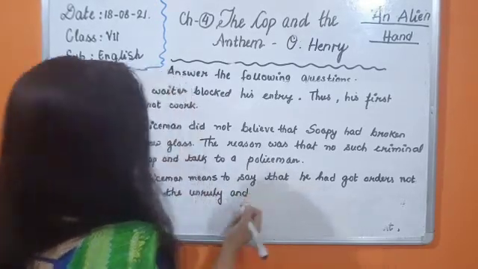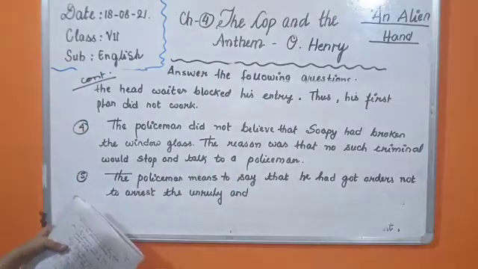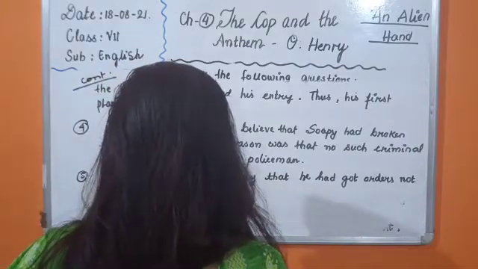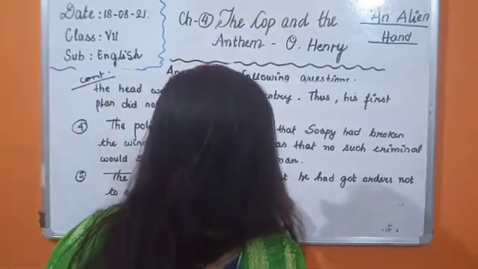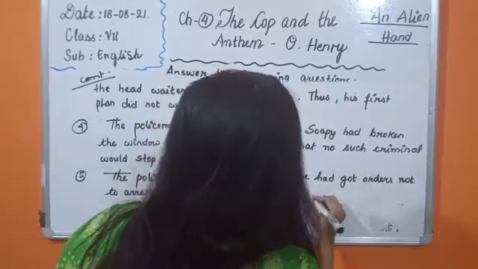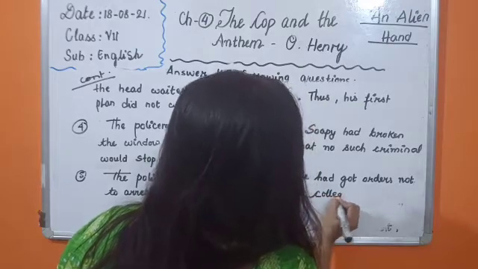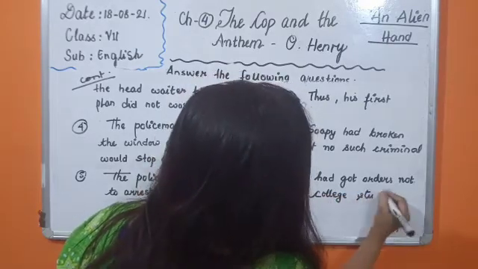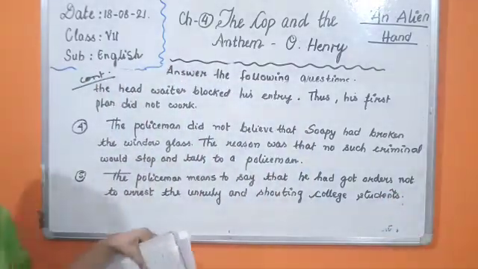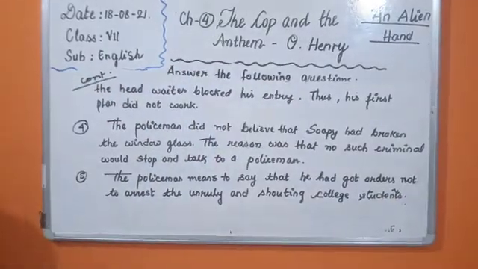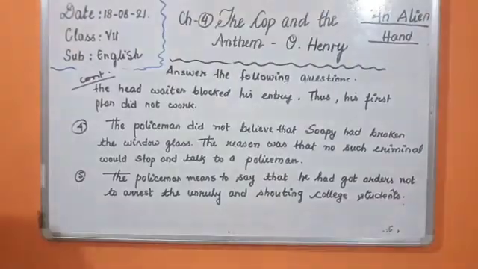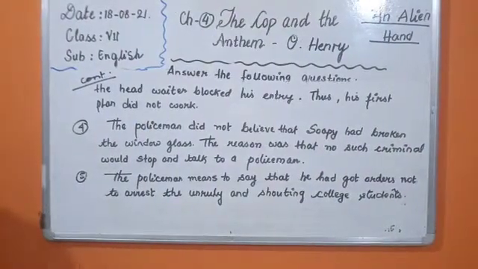Unruly are people, children, who do not listen to anybody, who are always breaking laws. Weird thing, no? Weird order. Not to arrest shouting college students. Although they are really young, they cannot be arrested, right? So this is the 5th answer, children. The policeman means to say that he had got orders not to arrest the unruly and shouting college students.